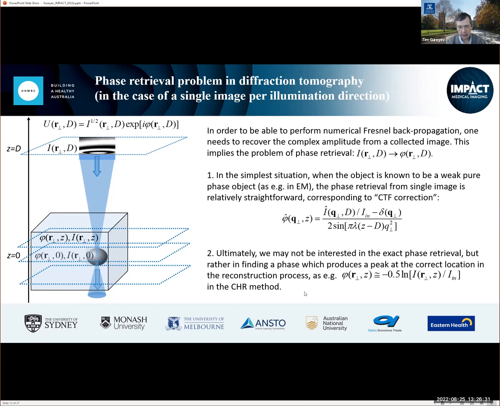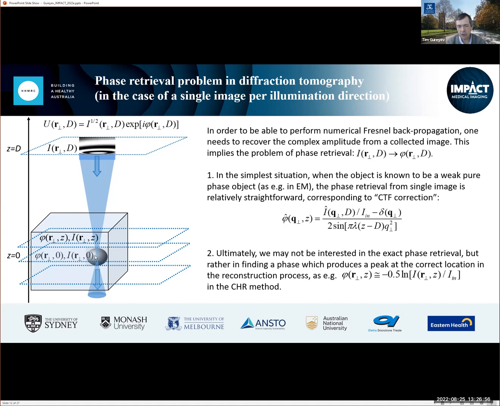Just an aside note, as my colleague David Paganin noticed at some stage, we are not really interested in phase retrieval as such. We are interested in reconstructing actually the complex wave such that on its backpropagation, it can give us a good indication of the internal structure of the sample.